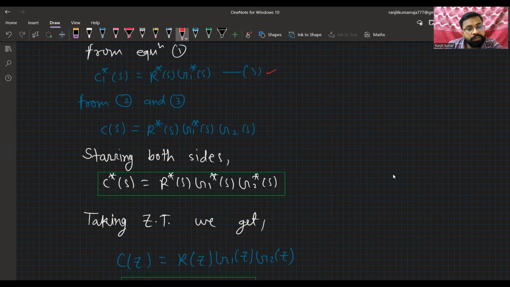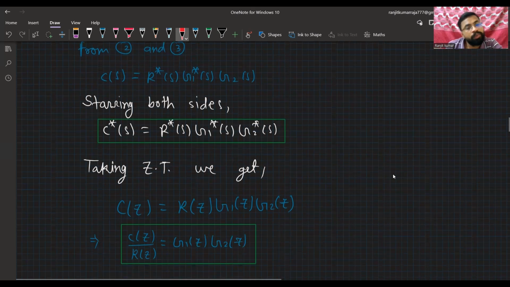Now taking Z transform, I told you whenever we take the Z transform of the star function, it will become directly C star of S equals to C of Z. So here I can write C of Z equals to R of Z, G1 of Z, G2 of Z. Okay.